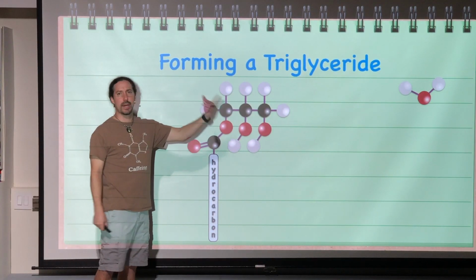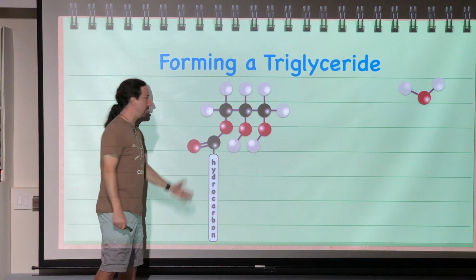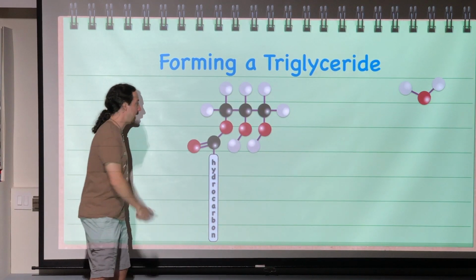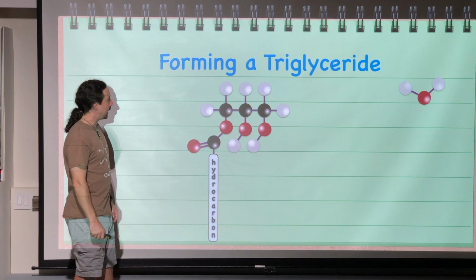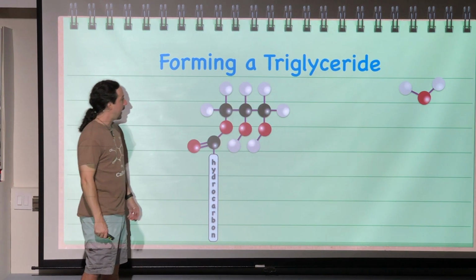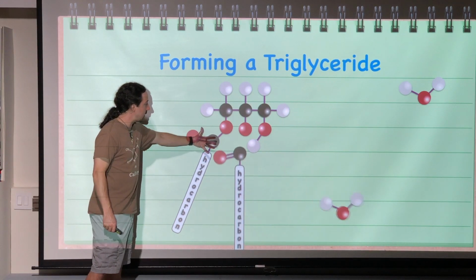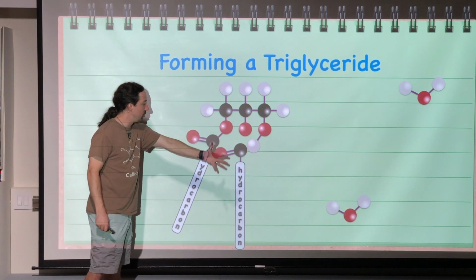But we aren't going to stop there because we need to get to a triglyceride. Right now, we have one fatty acid attached to our glycerol, which is called a monoglyceride. Well, let's do this again. And here we are going to bring in a fatty acid. And again, the fatty acid is going to lose the hydroxyl.